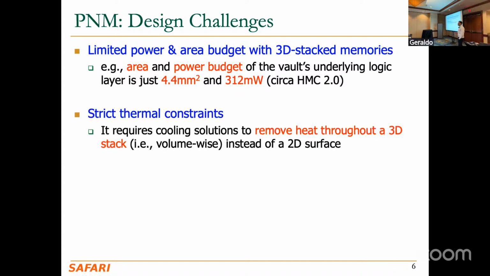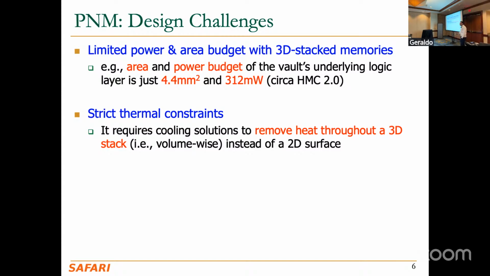Another problem is, okay, I put my computation there, it fits. But how do you dissipate whatever heat that the particular computation is going to generate, right? So usually DRAM uses a passive heat dissipation mechanism. So there is no active dissipation mechanism like a heat sink on top of your DRAM chip.